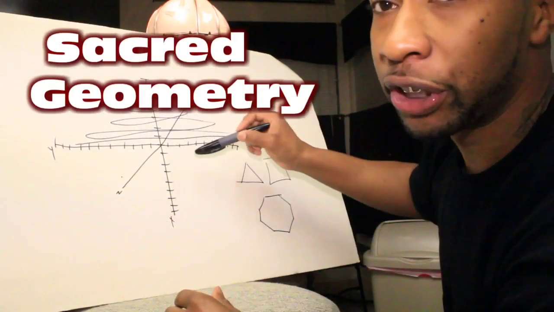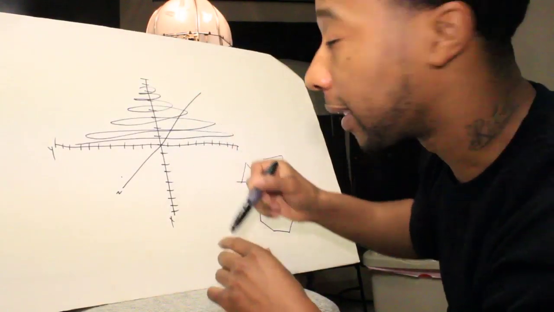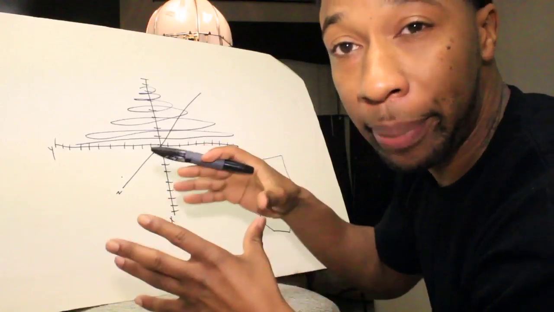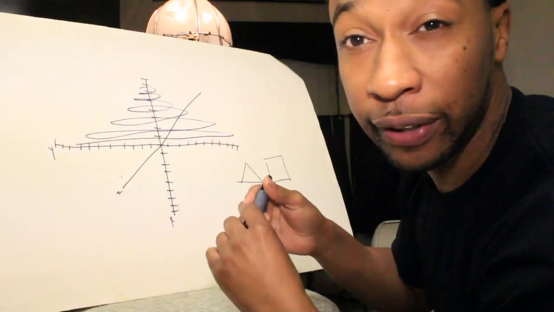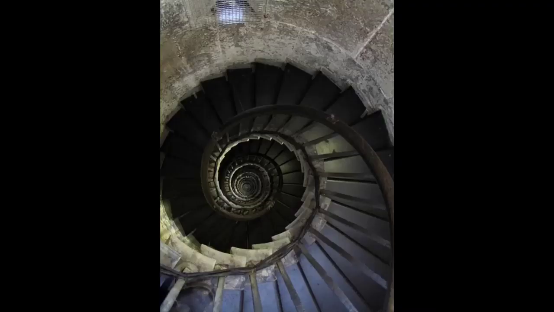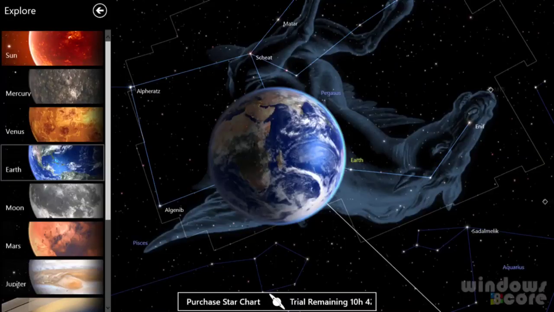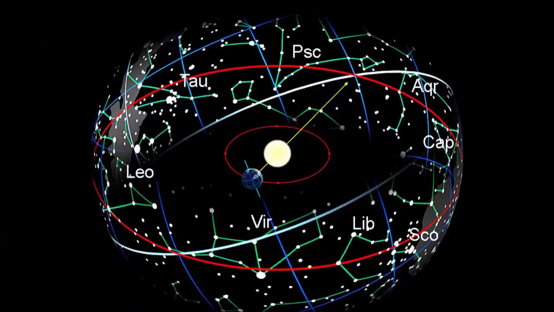So overlaying sacred geometry in this construct of dimensional space-time can give you a map of where things are and where to look for them. For example, star constellations also fall into this rule of thumb. Planetary bodies also fall into this rule of thumb.